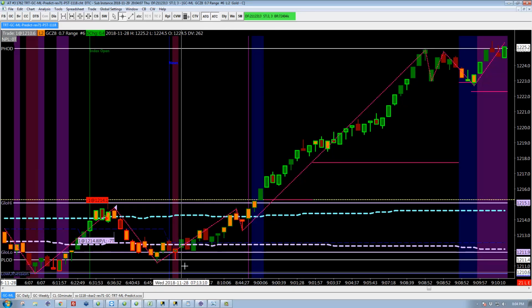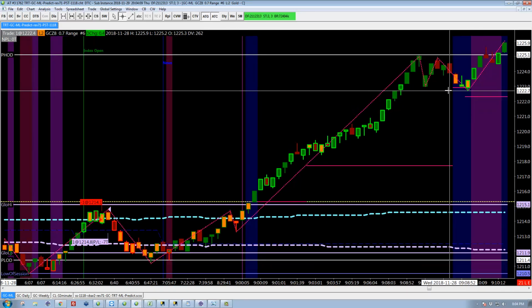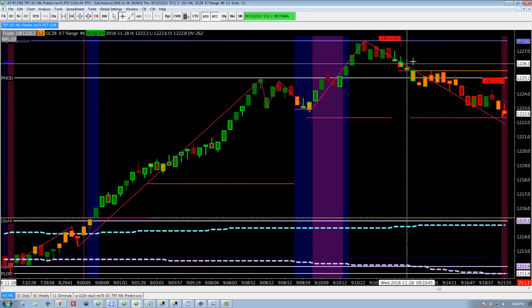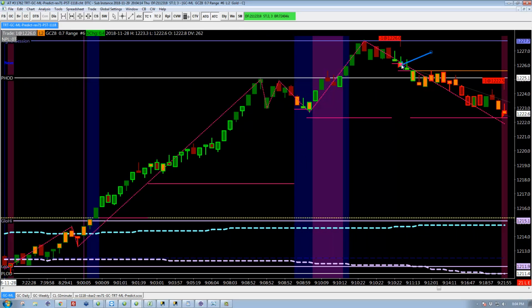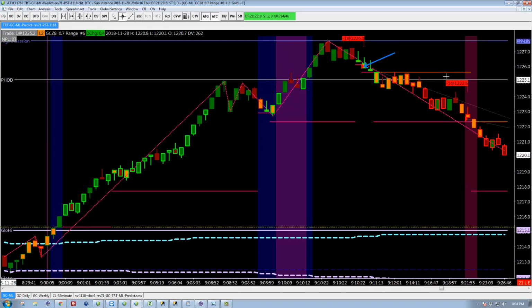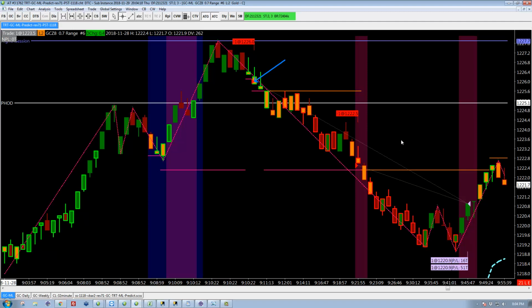We missed this nice, beautiful long move here, but we get short right here, and then we add right here. So this is the case where the add kind of works out for us, whereas today's case didn't.